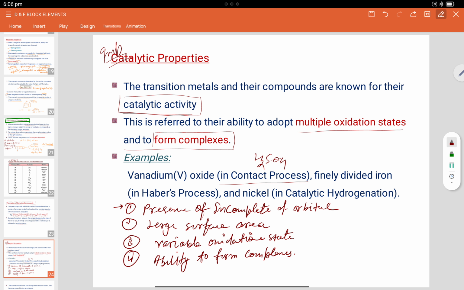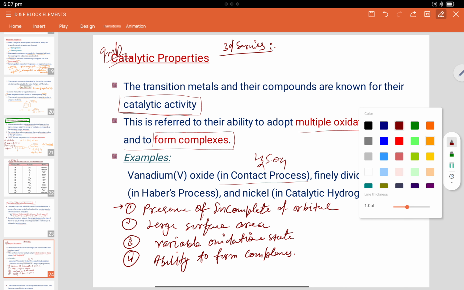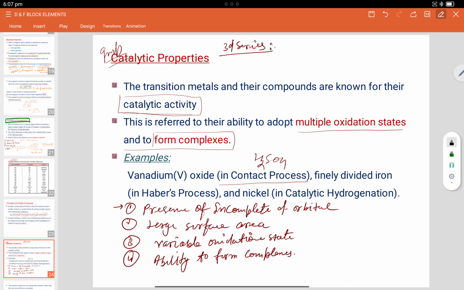If we are talking about the 3d series, one by one we will discuss. In the 3d series, number one, scandium is never used as a catalyst.